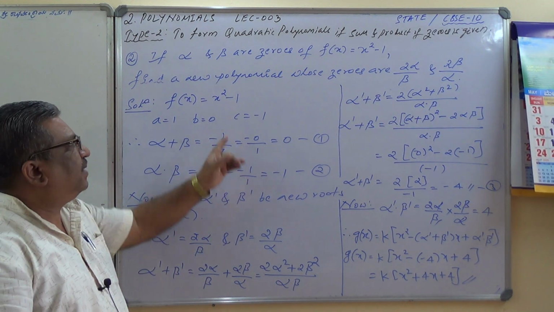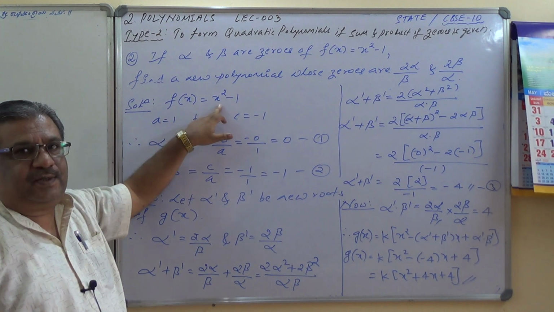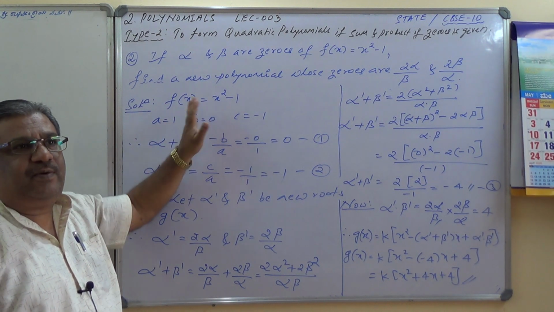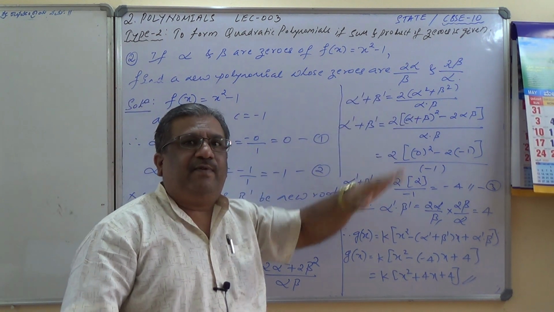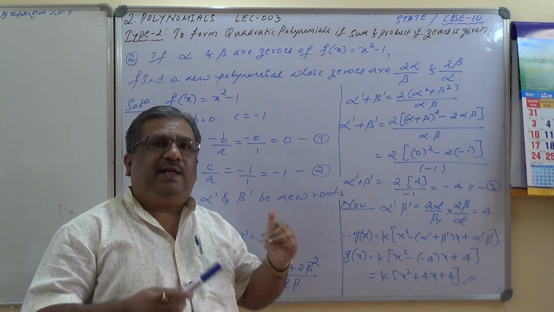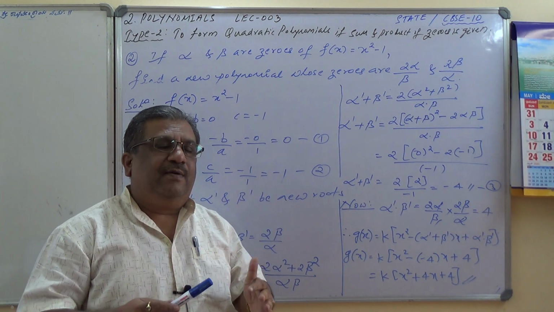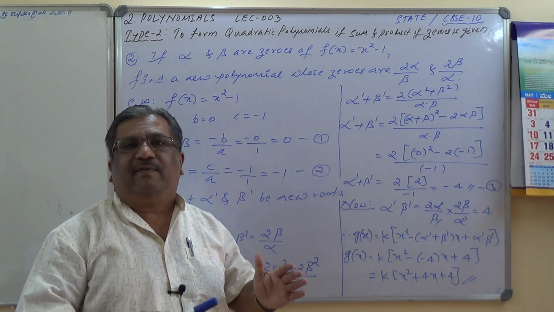Believe me, sometimes this equation f of x is equal to x square minus 1, such equations will never be given to you. If at all the new zeros are given, and if you have to form a new quadratic polynomial, then definitely for the given polynomial, you will not be able to factorize and find out alpha and beta.